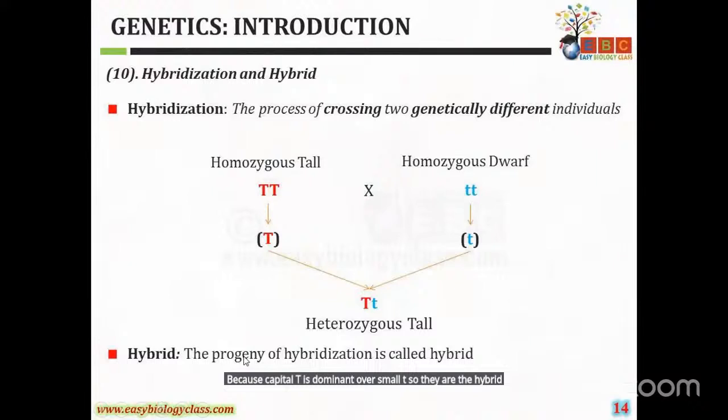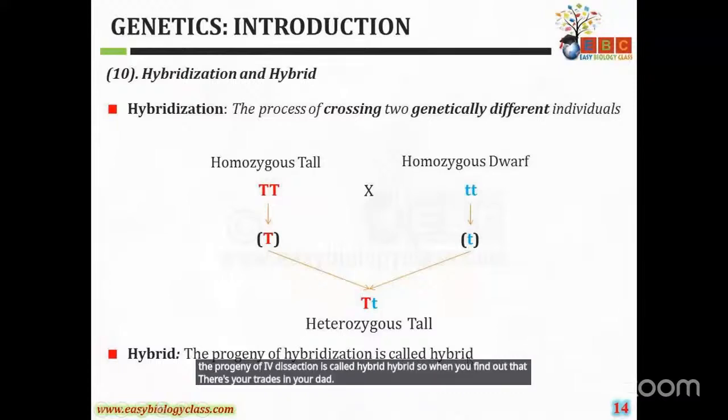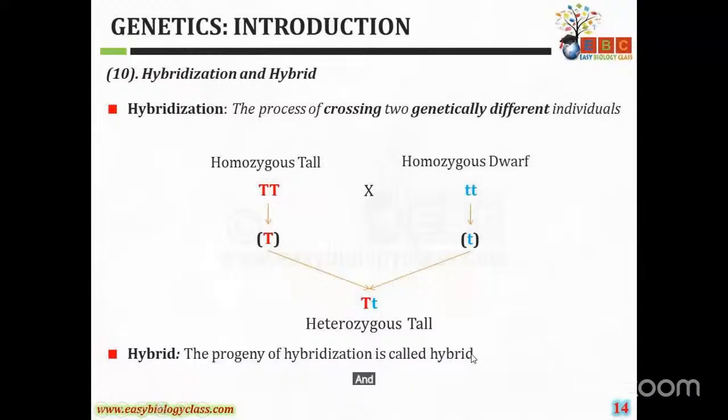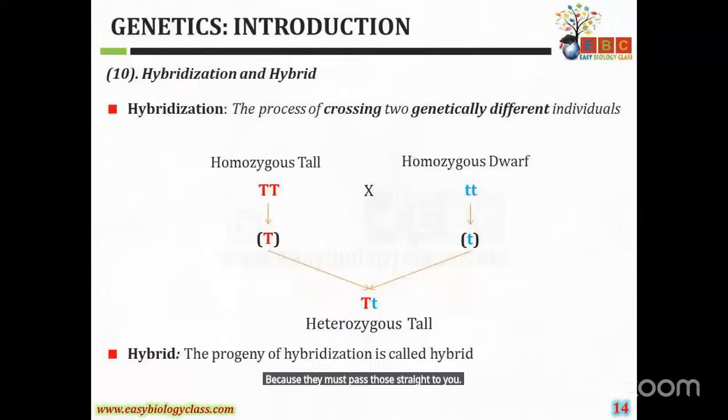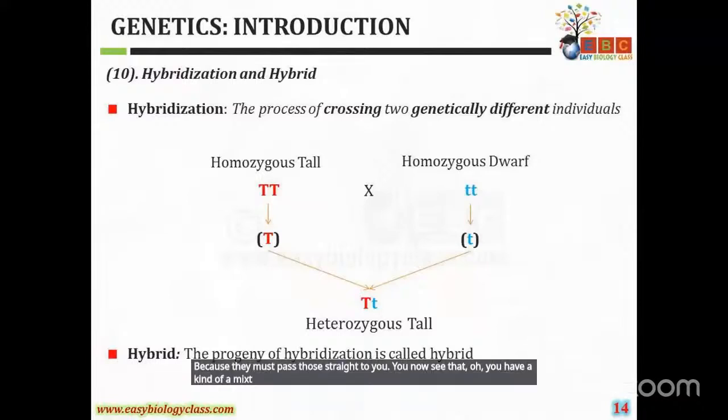You can see the progeny of hybridization is called hybrid. So when you find out that there's a trait in your dad, and there is another contrasting trait in the mom, and when you now look at yourself, because they must have passed those traits to you, you now see that, oh, you have a kind of a mixture between the two.